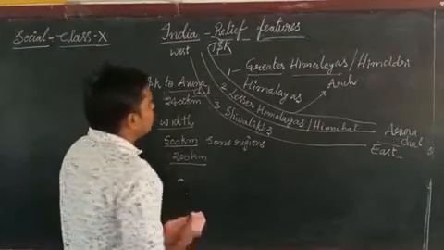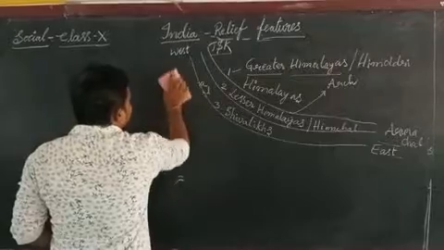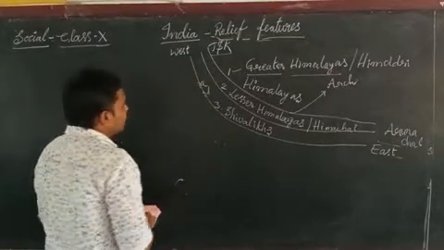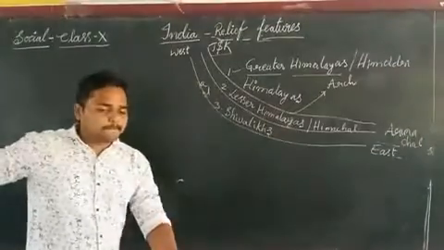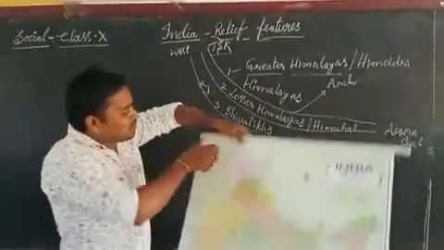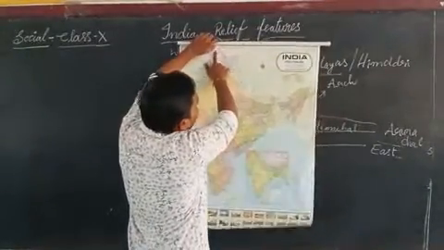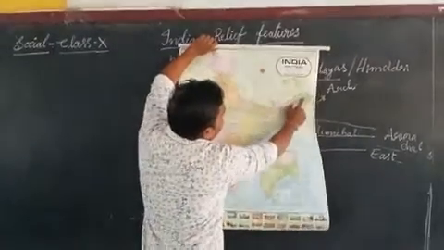Okay. Now coming to the first one, the Greater Himalayas. Suppose if you see the Indian map, the Himalayas are extended from Jammu and Kashmir to Arunachal Pradesh, like here.